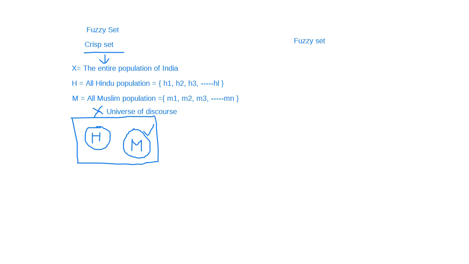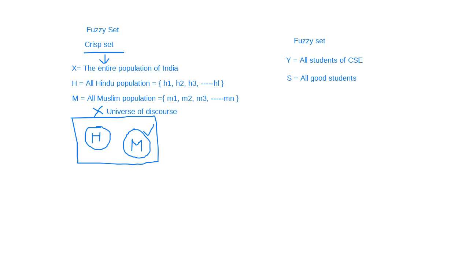And one set is derived from the set Y, that is, the set S. It denotes all good students, right?